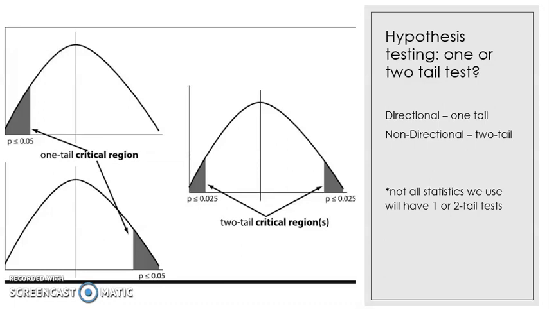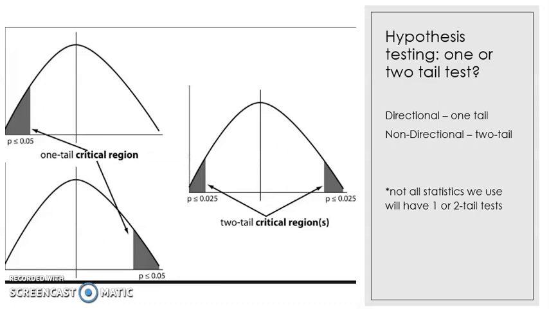I predict an increase in happiness scores. I predict a decrease in pain. So if my alpha was 0.05, I'm putting all of that critical region, all of that 5% area, on one side.